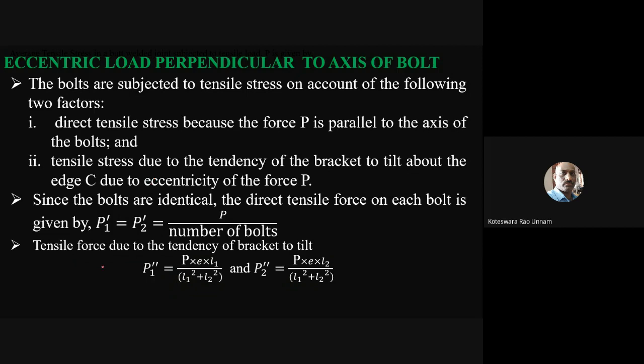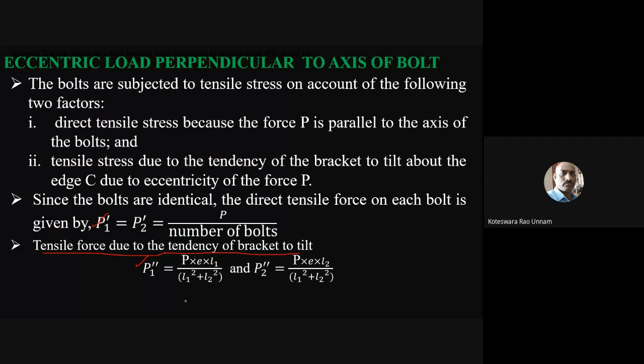Once you have calculated this, we can see here this is a tensile force P1 dash, and this is also a tensile force. We also know that the bolt located far away from the tilting point is subjected to the maximum tensile force because of the tilting of the bracket. You need to consider that.